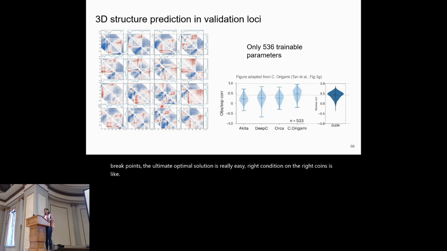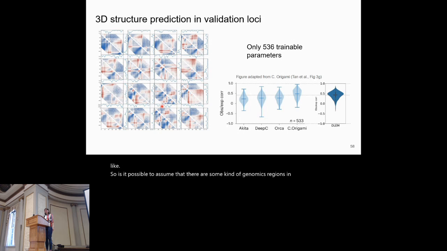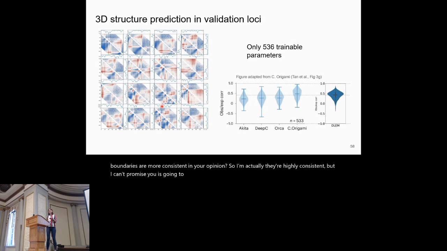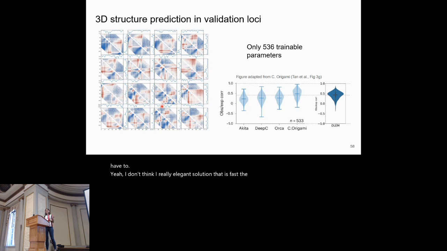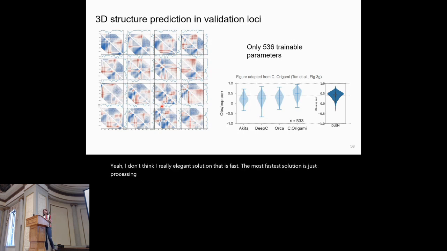Is it plausible to assume that there are some genomic regions in which these boundaries are more consistent, in your opinion? I'm saying they're highly consistent, but I can't promise you it's going to be exactly the same nucleotide. I don't think I have a really elegant solution that is fast. The fastest solution is just post-processing: cluster breakpoints and reassign them.